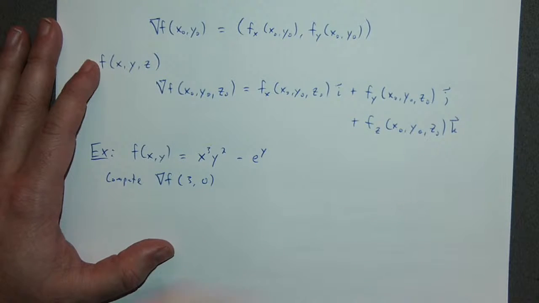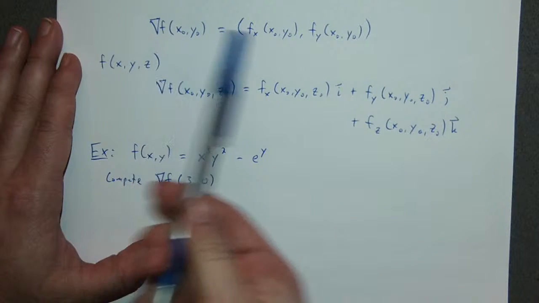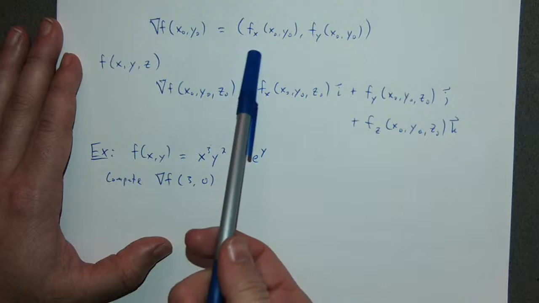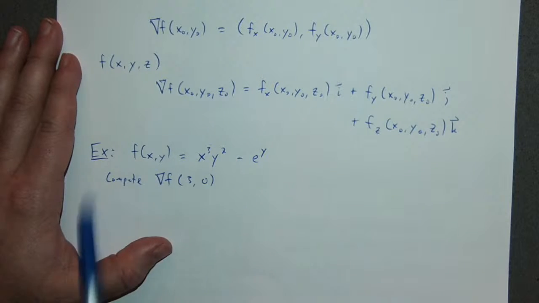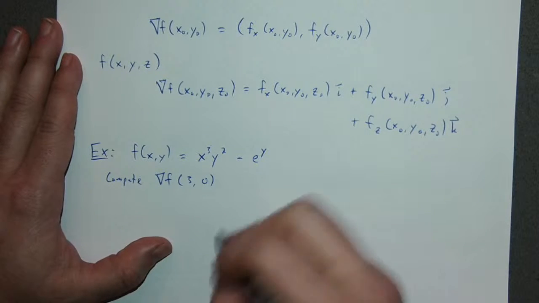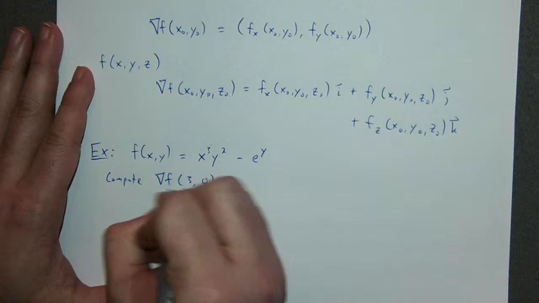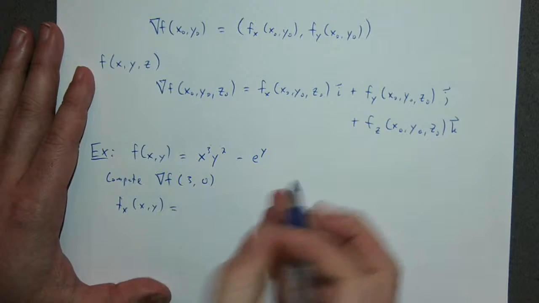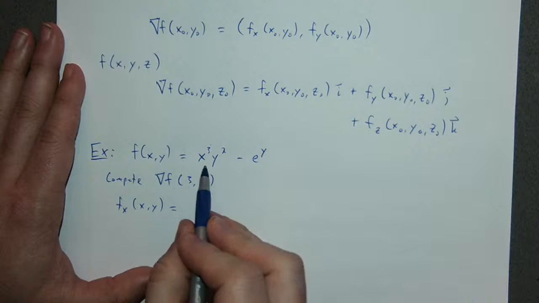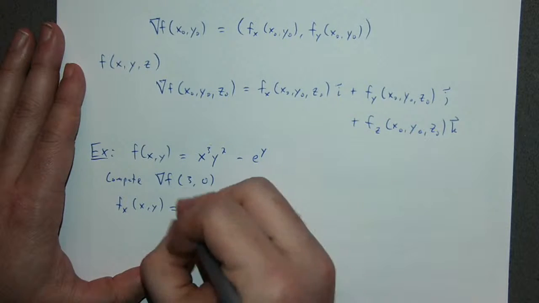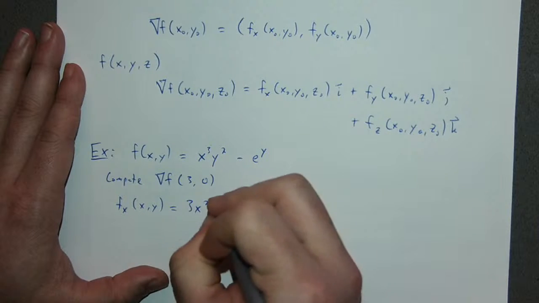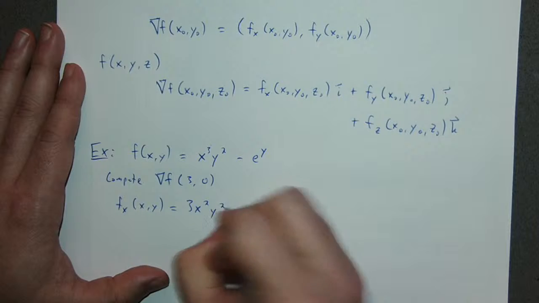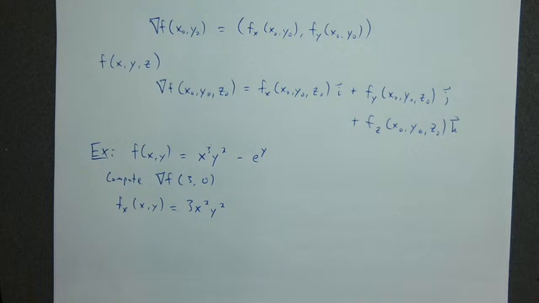So what is the gradient of f? As we saw, it's just the vector that has the x partial in the x slot and the y partial in the y slot. So I need to compute partials in order to compute the gradient. The x partial of f of x, y: the x partial of the first term is 3x squared y squared. The x partial of the minus e to the y term is 0.